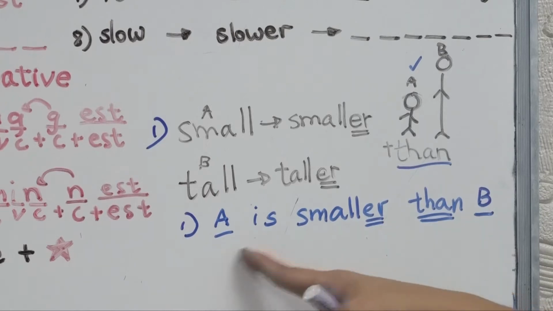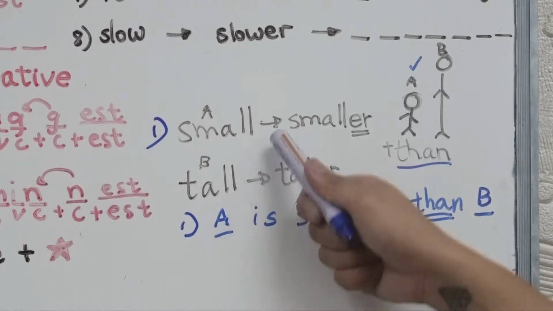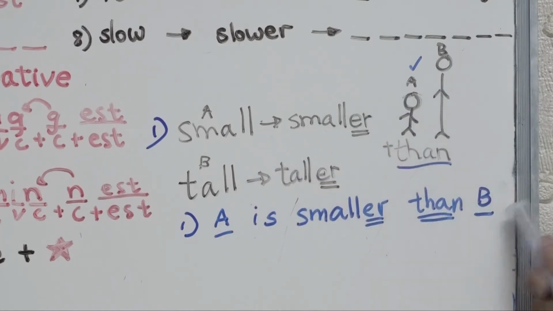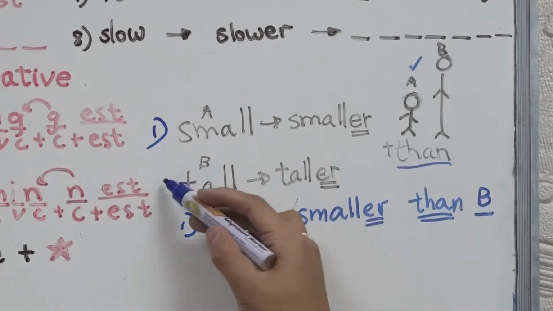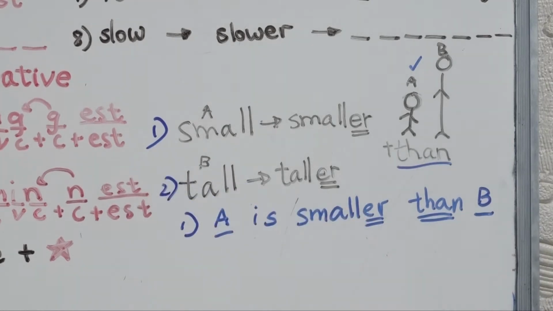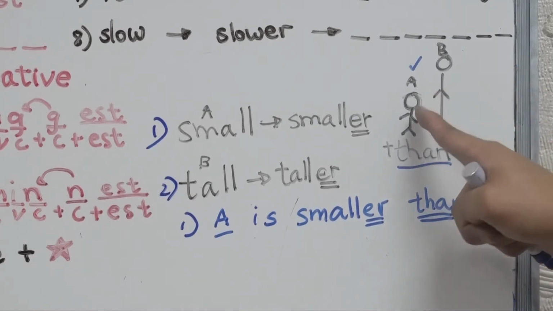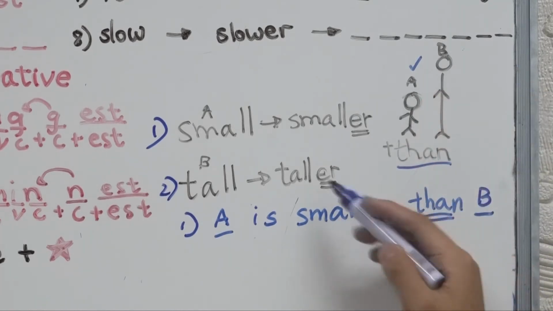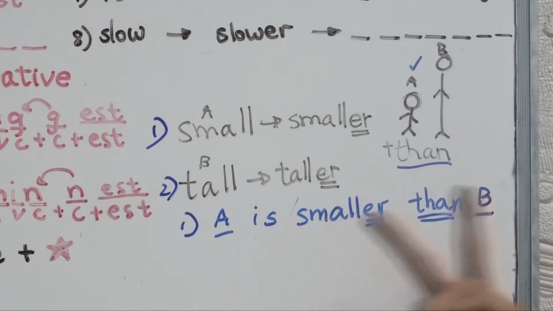So who is small, A or B? In this sentence, who is small? A. A, right? So A is small, but he is smaller than B, right? Smaller than B. For sentence 2, let's try to write the sentence as well. So A is small, B is tall, right? We want to compare them together. Two people, right?